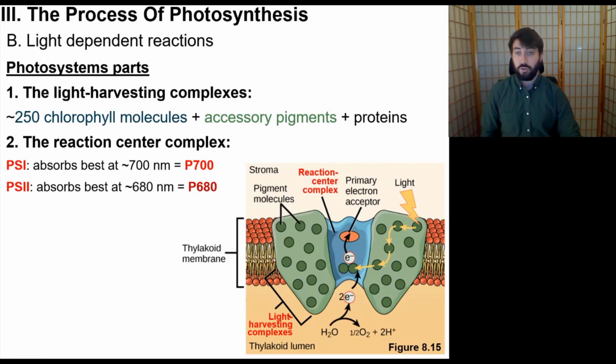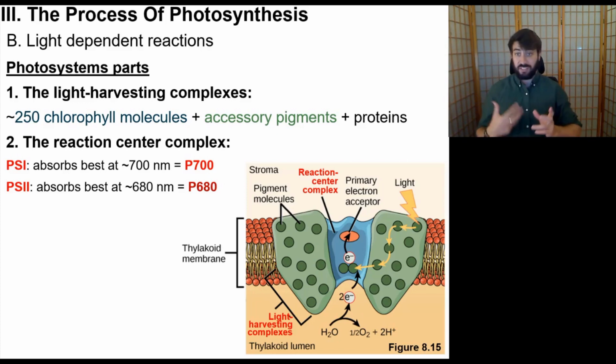Okay, so there are two major regions in the photosystems. There's the light harvesting complexes that you can see here in the green, and the reaction center that you can see here in blue. The light harvesting complexes are like the solar panels of the operation, filled with a ton of chlorophyll molecules designed to absorb and react with light.